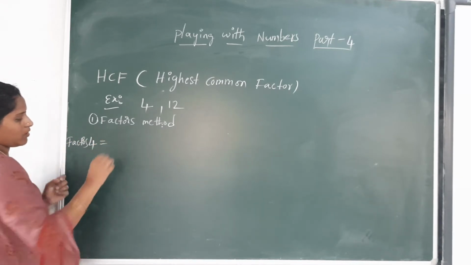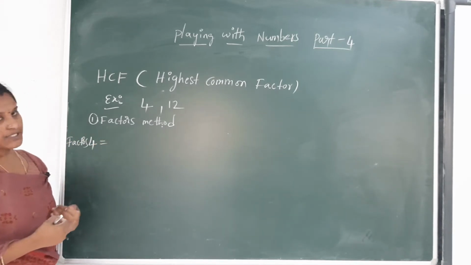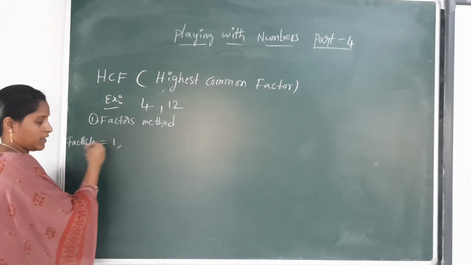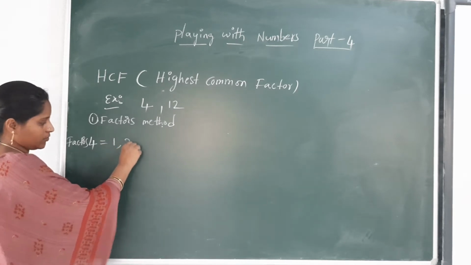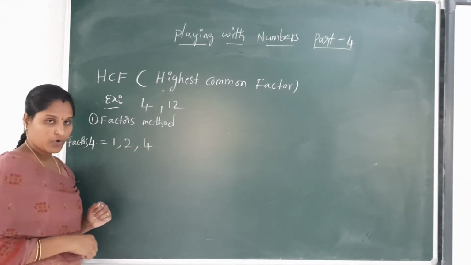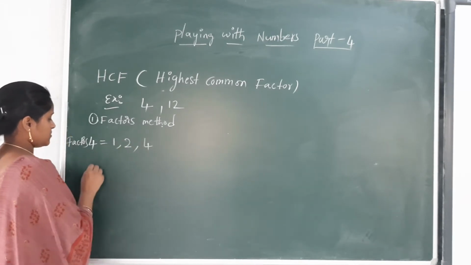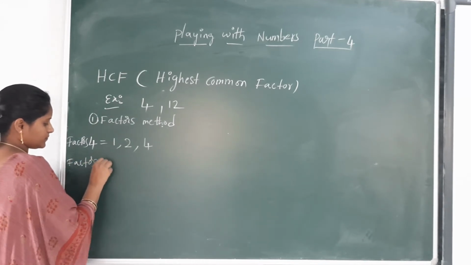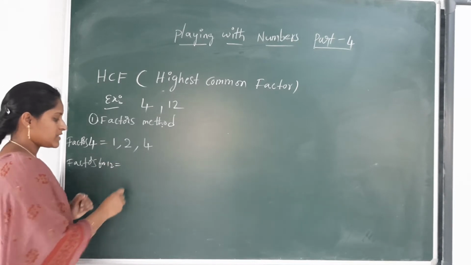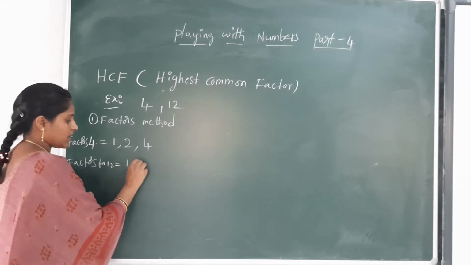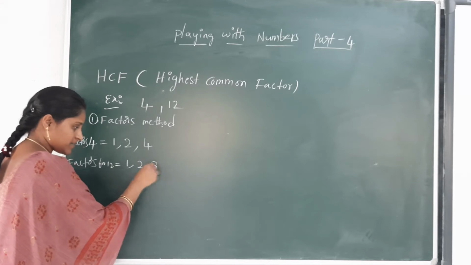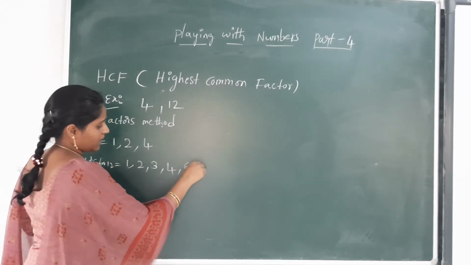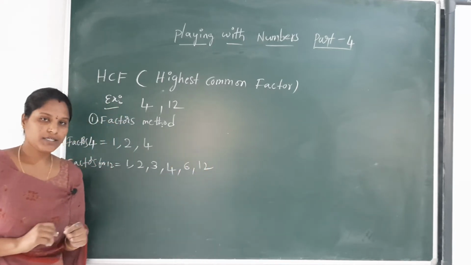That means we need to check 4 comes in which tables. 4 comes in the 1 table, 2 table, and 4 table. And next, factors for 12. 12 comes in the 1 table, 2 table, 3 table, 4 table, again in the 6 table, and again in the 12 table itself.